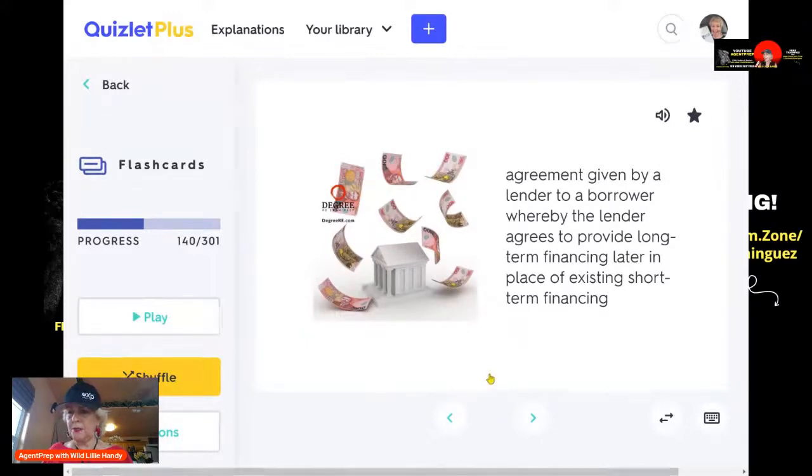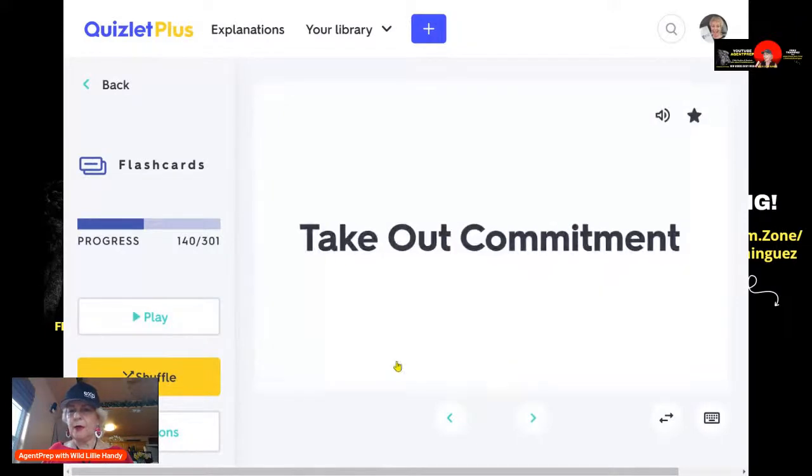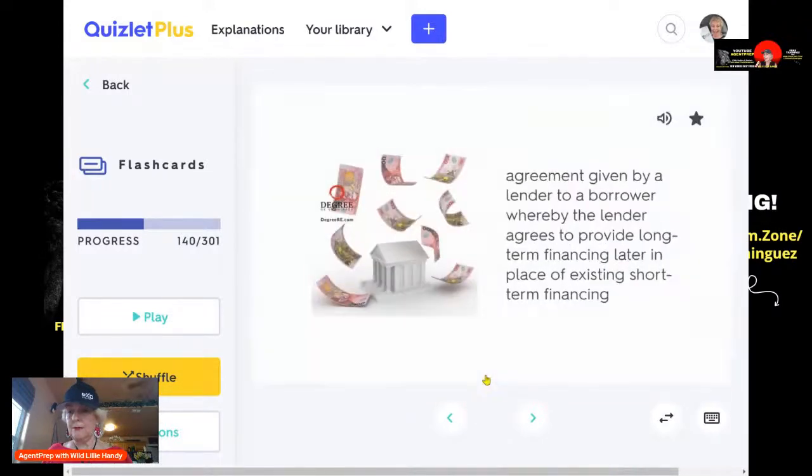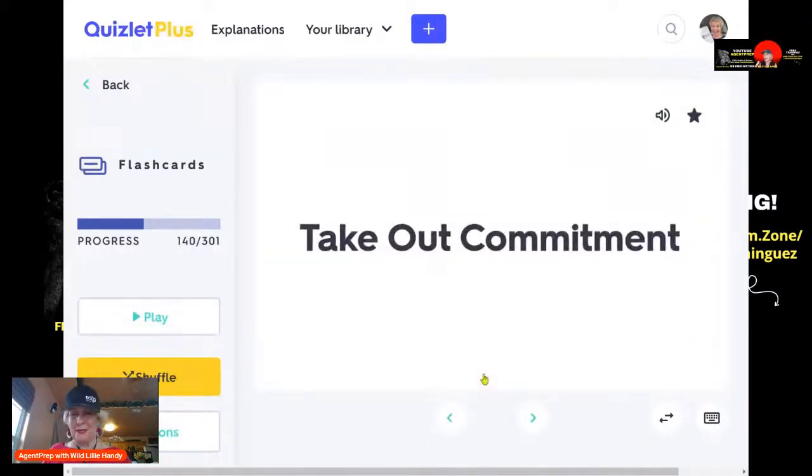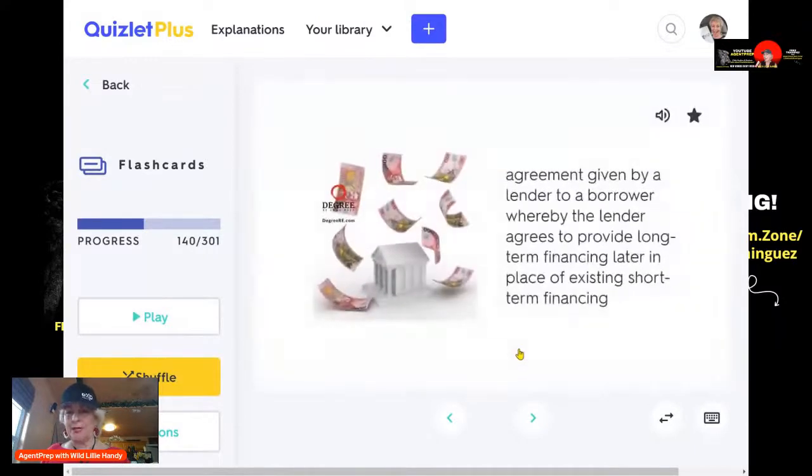Okay, no answers. Well, takeout commitment. Well, that got me. That's not what I was thinking. I was thinking of a fixed long term, but a takeout commitment is an agreement given by a lender to a borrower whereby the lender agrees to provide long term financing later in place of existing short term.